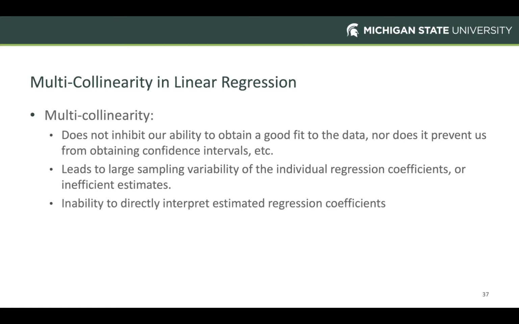Okay? There are also difficulties in interpreting regression coefficients. And so as an example, my master's research focused on the safety impacts of horizontal curves that were located near intersections. And we looked at the effects of curve radius and superelevation on crash risk.